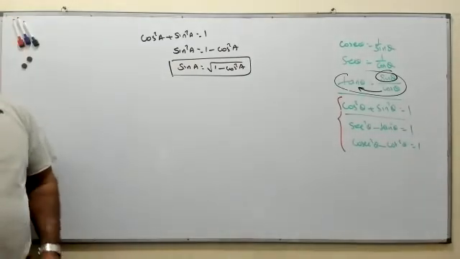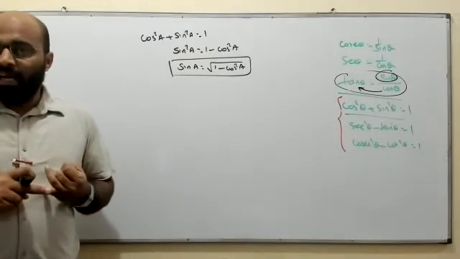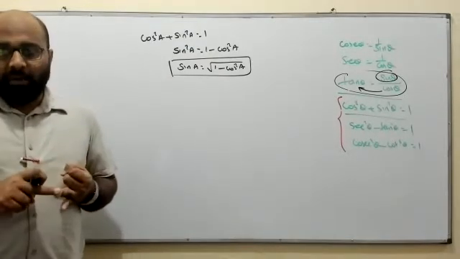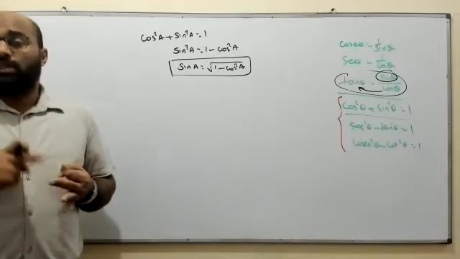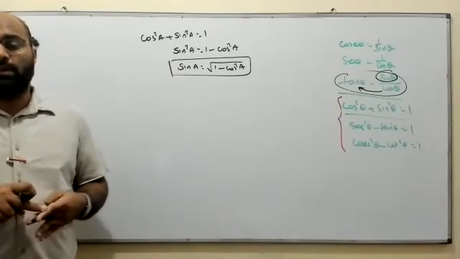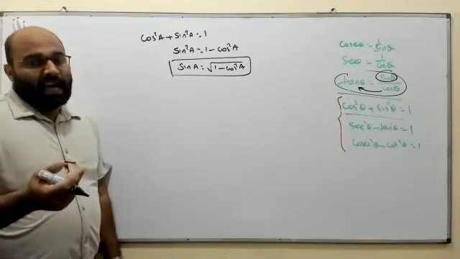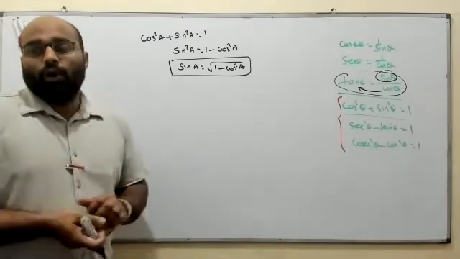We have to represent cos in terms of cos only, sin in terms of cos, tan in terms of cos, cosec in terms of cos, sec in terms of cos, and cot in terms of cos. Now you can write cosec directly. Why? Yesterday I told you the order.